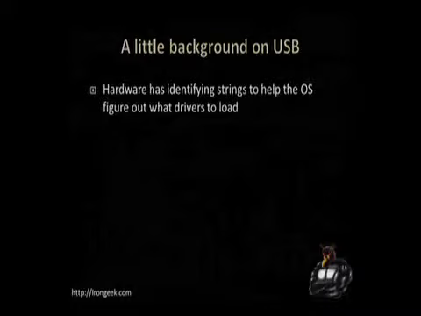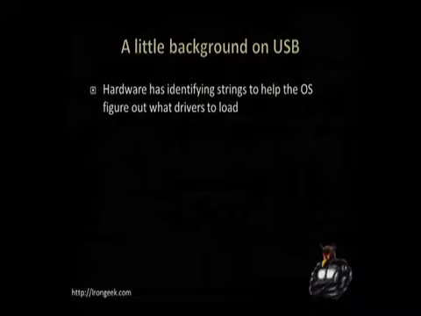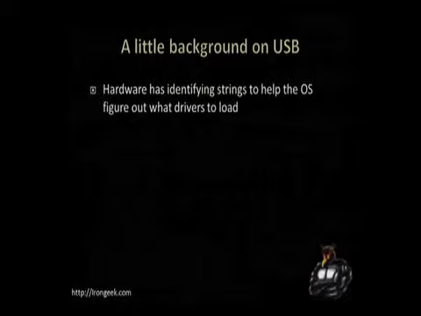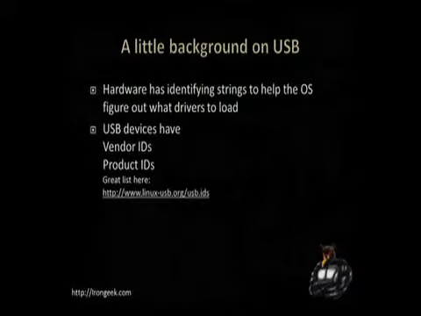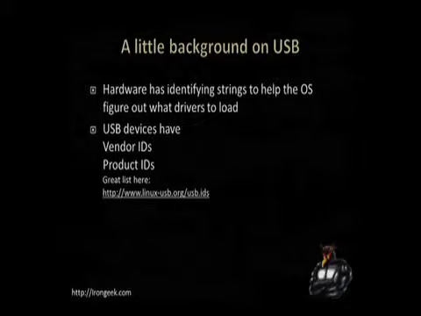USB hardware generally has various identifying strings that help the OS figure out what drivers to load. It has to represent itself as something when it's plugged in, otherwise there's no way the PC operating system would know, okay, this is a mass storage device according to what it's reporting to me, so I need to load the mass storage drivers. A few things that pretty much every USB device has is a vendor ID and a product ID, and these are actually assigned to different vendors.